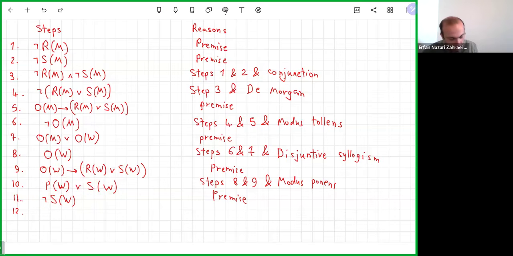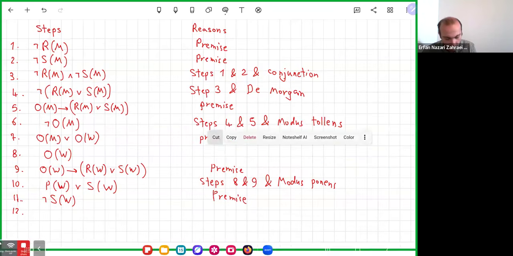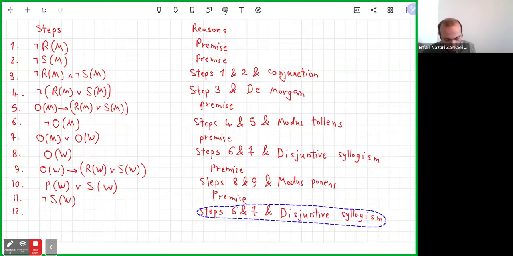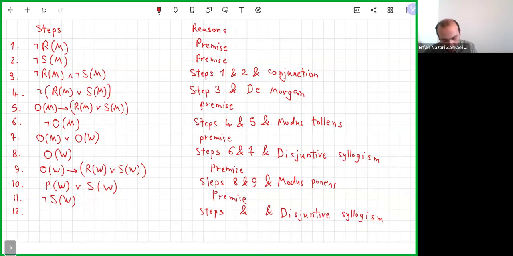So it's like here, disjunctive syllogism. It's steps 10 and 11 that I'm using, and disjunctive syllogism implies that I have Rw. So I can conclude that Wednesday was raining.